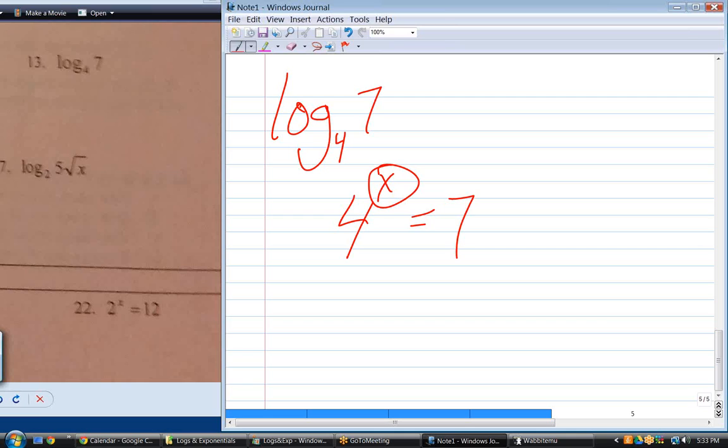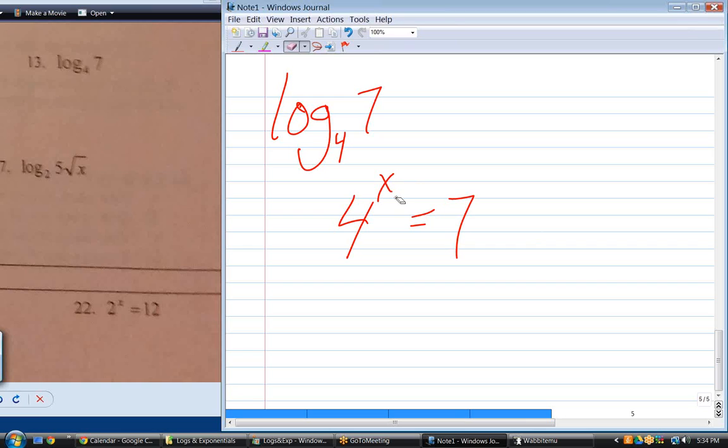I guess if it was 4 to the x equals 2, I would know x is 1/2. So there are some others that I can solve that aren't whole numbers. But if it's over 1, the only way you can solve it without a calculator is if it's a whole number. Well, is this greater than 1?